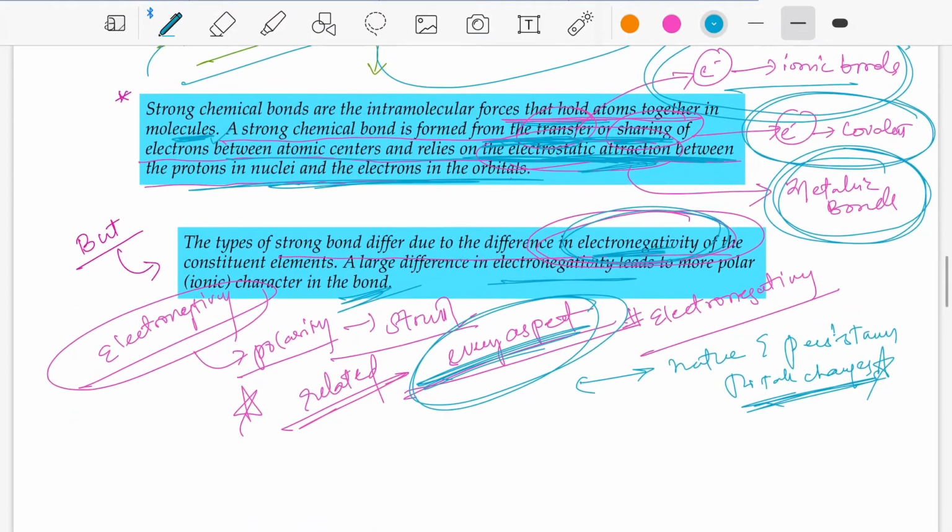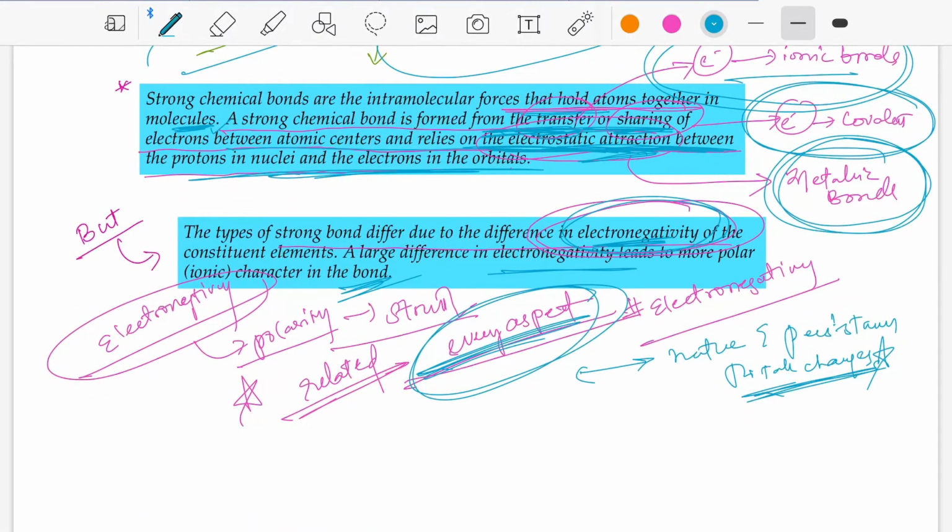Okay, when we want to understand a molecule structure, we want to know the electronegativity of atoms of that molecule. Based on that, the structure will be, and based on that, the type of bond will be. Everything is connected.